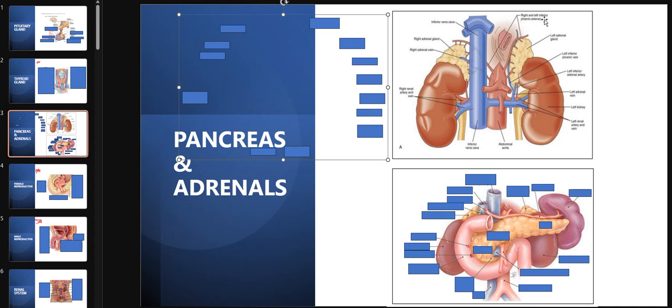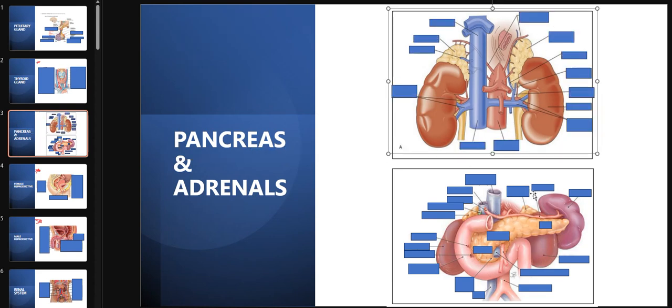Okay, over here I like to start on this one, the hepatic artery, and then portal vein, inferior vena cava, left adrenal gland, splenic artery, spleen. Right here is a tail, right here pancreatic neck, and then the head. Here is the left adrenal gland.